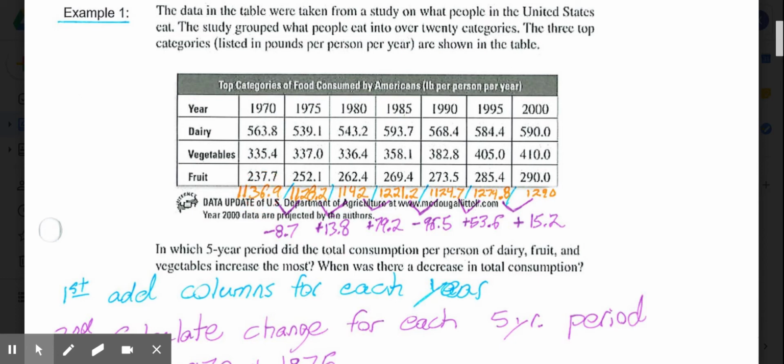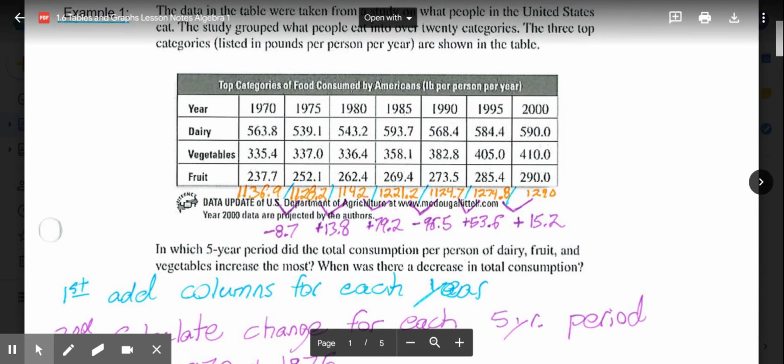So dairy, 563.8, vegetables, 335.4, and fruit, 237.7, all added together, gave me the total for the year 1970 of 1136.9.